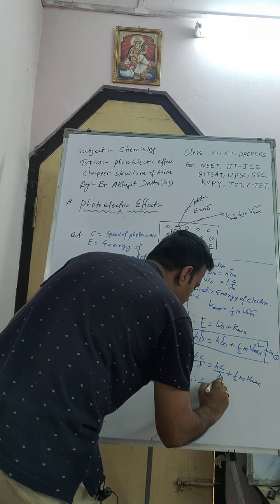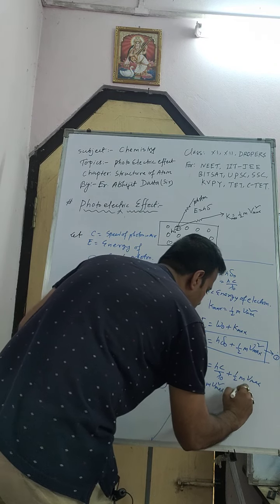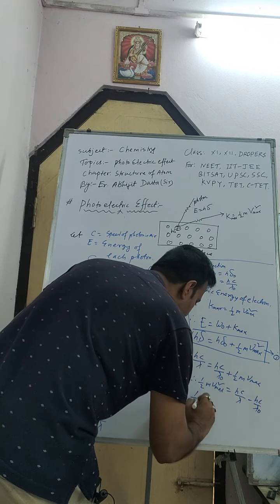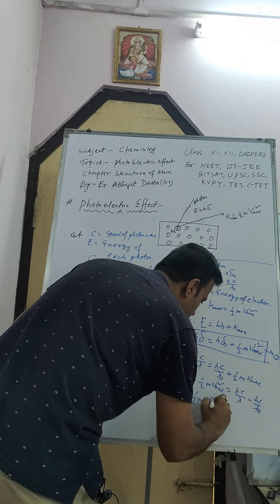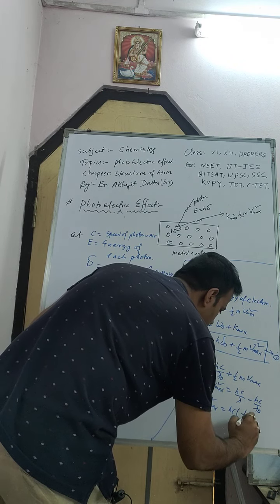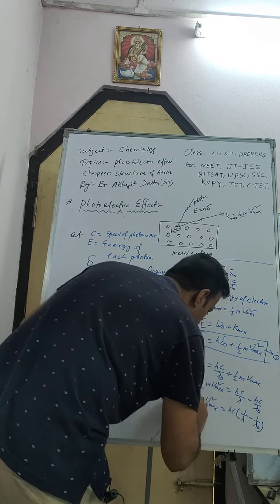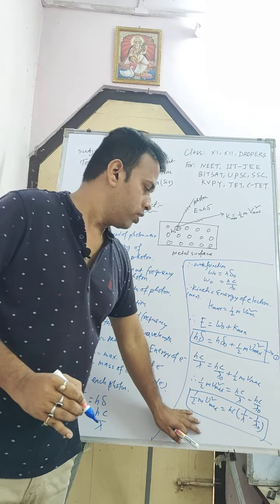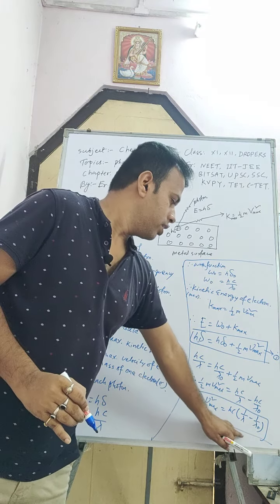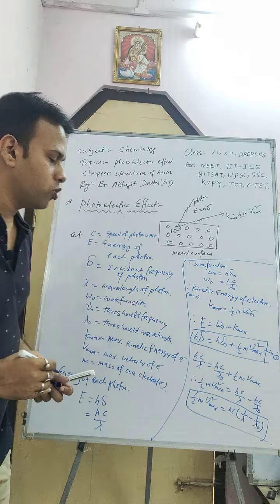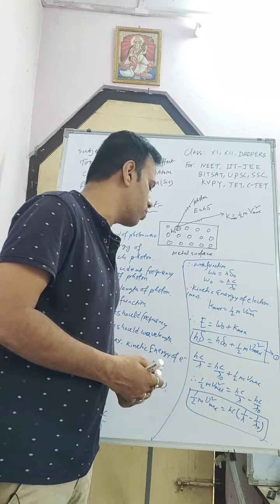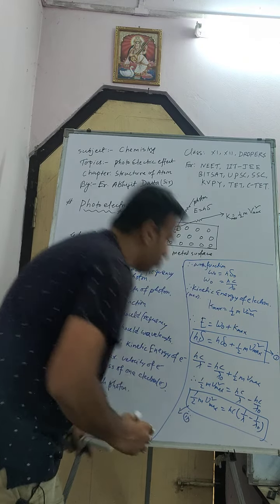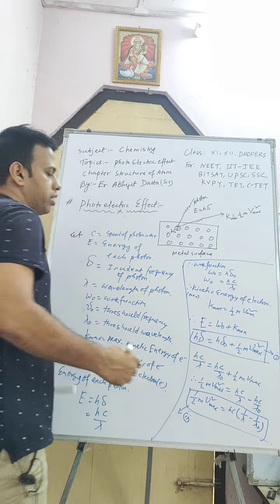Therefore half m v max square, that is kinetic energy, equals hc by lambda minus hc by lambda 0. Taking the common part, the kinetic energy of the electron is hc into 1 by lambda minus 1 by lambda 0. This is the expression of kinetic energy, so this is formula number 2.